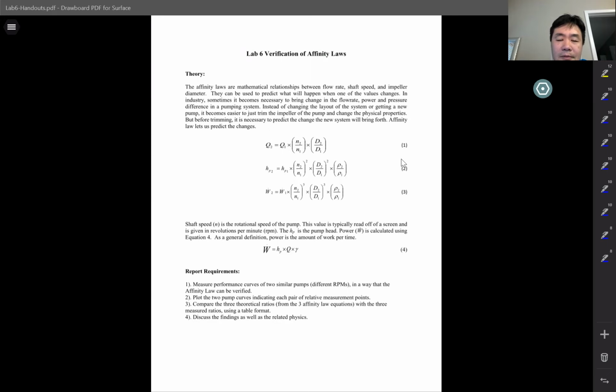It's called the affinity law. First of all, I want to talk about the purpose of the affinity law, with a couple of examples before I introduce the equations. For example, in industrial applications, let's say you have an old pump. A common practice is to trim the impeller.